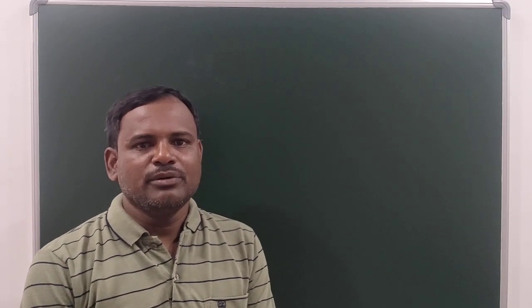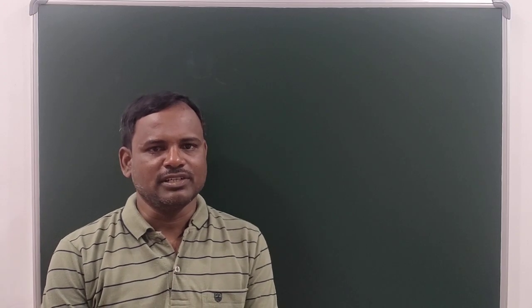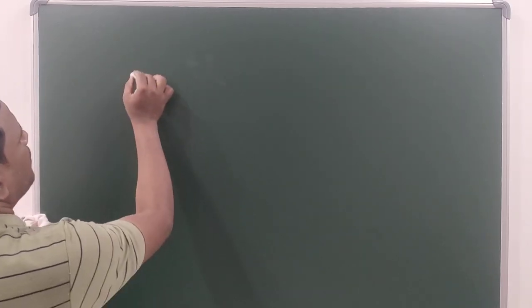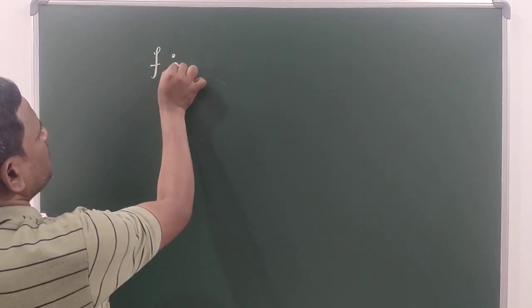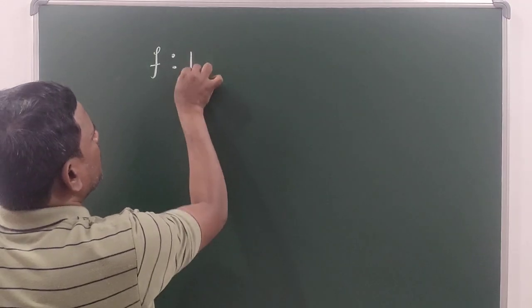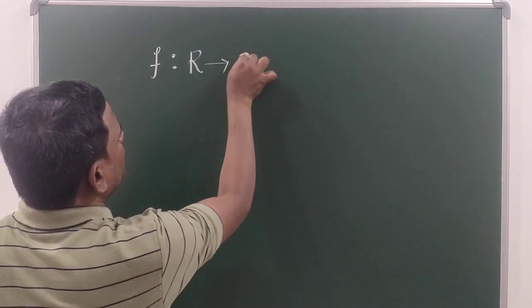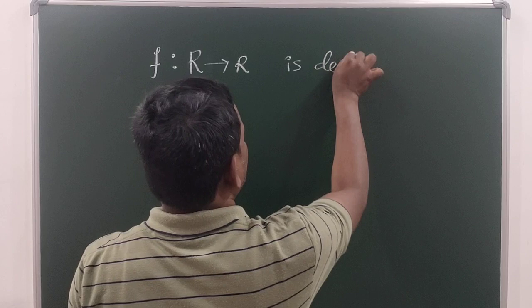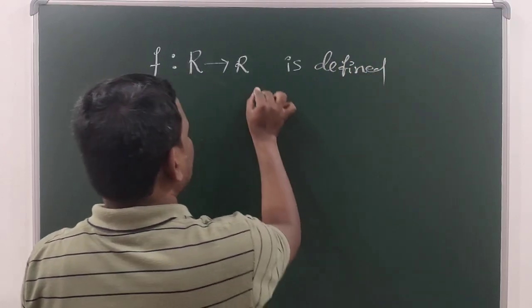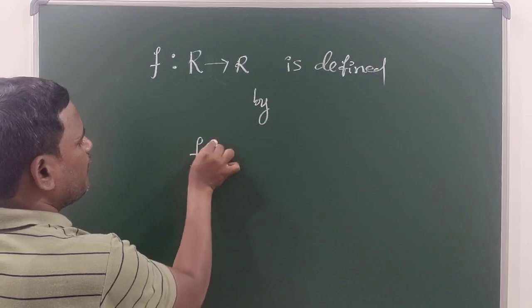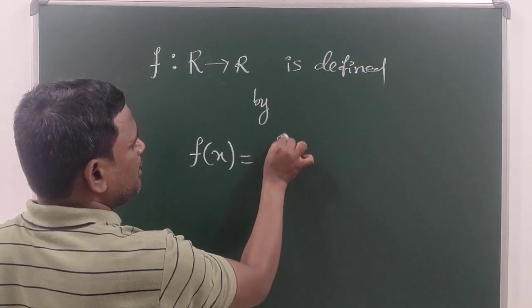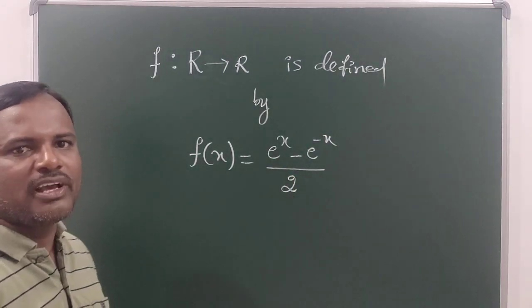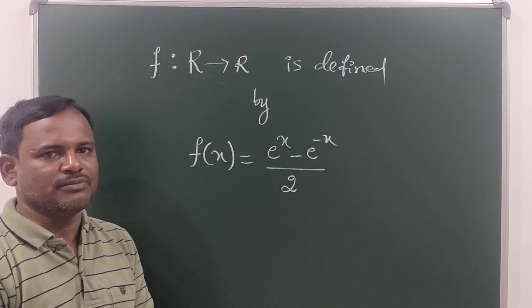So first, I would like to explain you the hyperbolic sine function. See the definition of the hyperbolic sine function. f of x, f is a function mapping from R to R, is defined by f of x is equal to e power x minus e power minus x by 2, is known as the hyperbolic sine function.